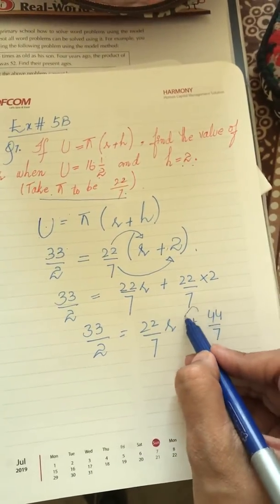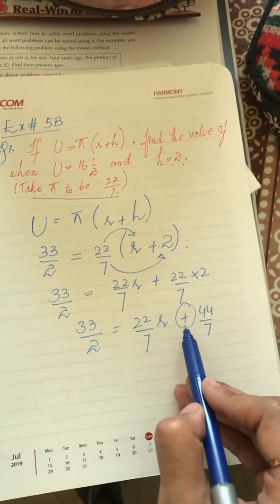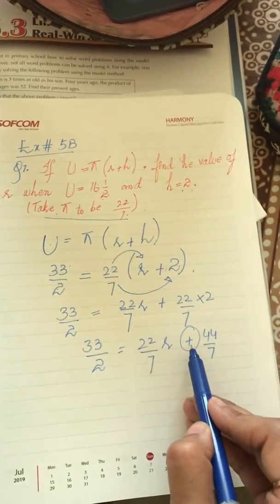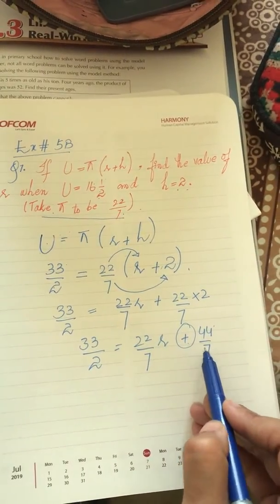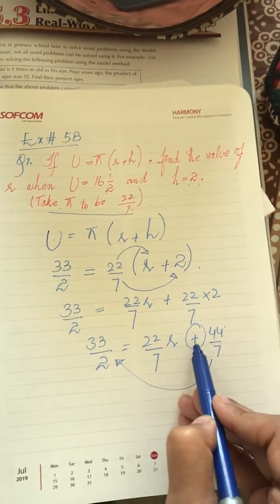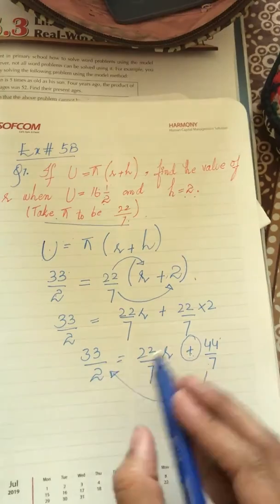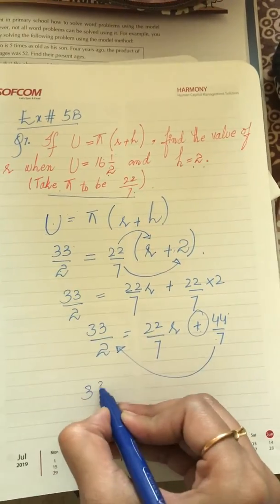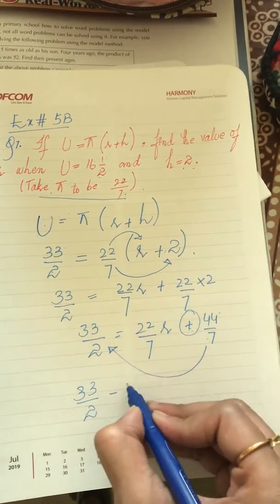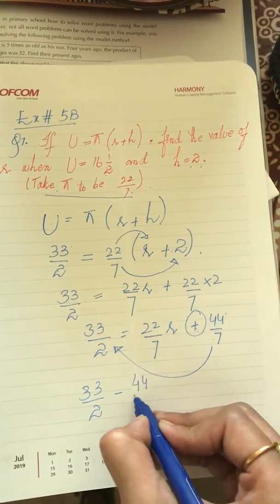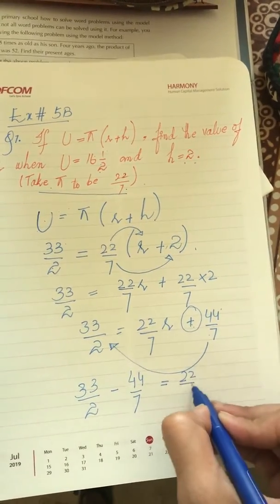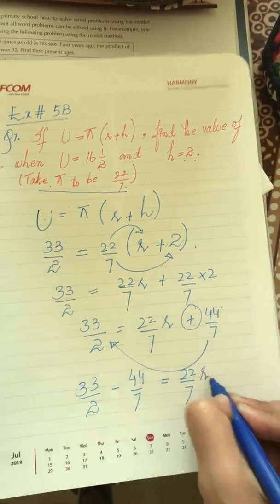Now beta, as we have a separator over here which is plus, yes, when this 44 over 7 moves to the other side of the equals sign, this plus will become minus. Yes, we all know this. So 33 over 2 minus 44 over 7, because this 44 over 7 has moved to the other side of the equals sign.